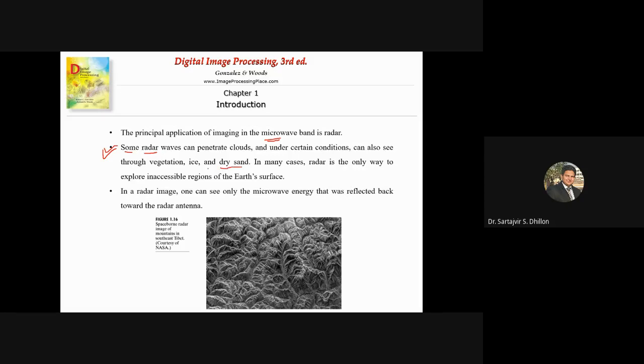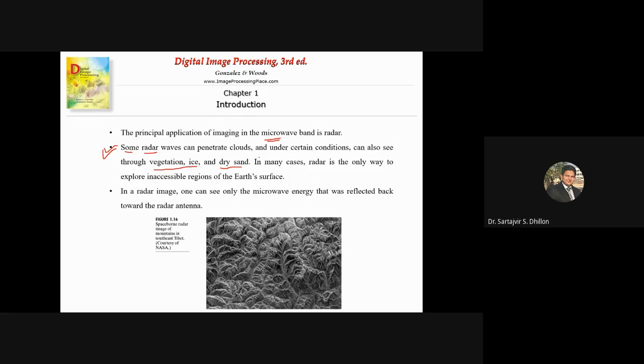So there is a potential of microwave which can detect the vegetation, ice, dry sand, and snow. This can also be done with microwave imaging.